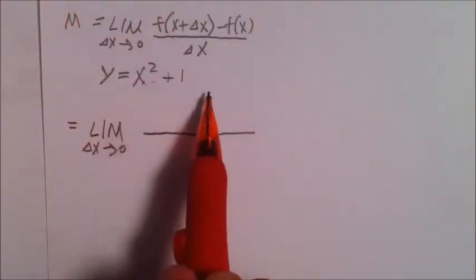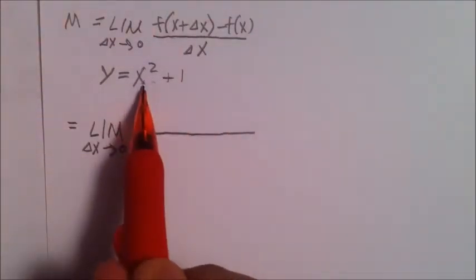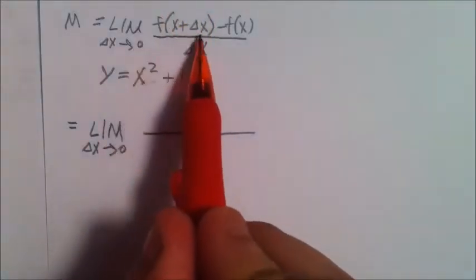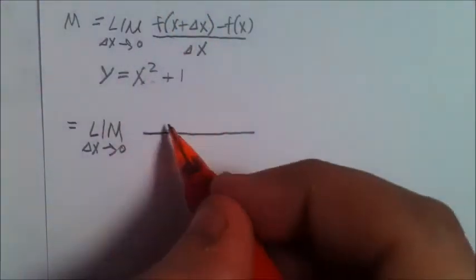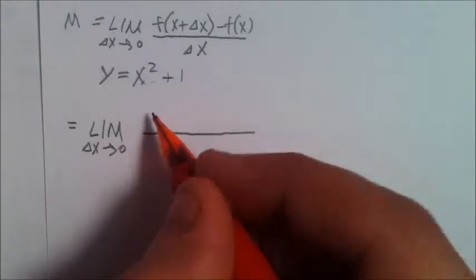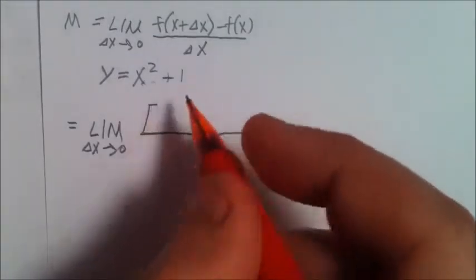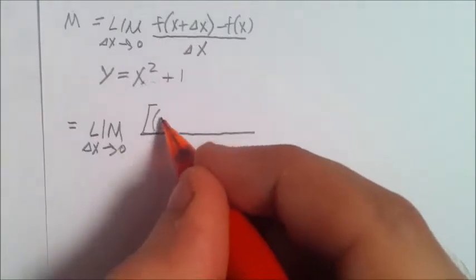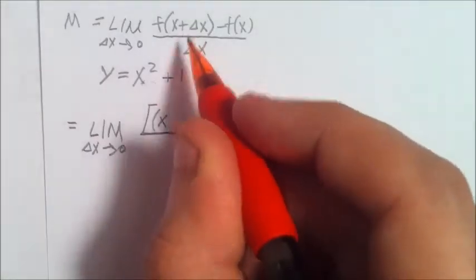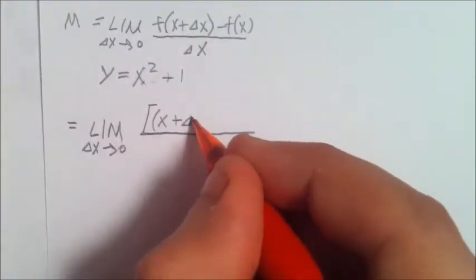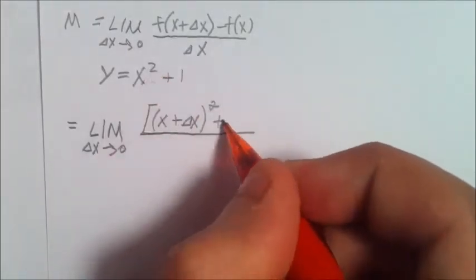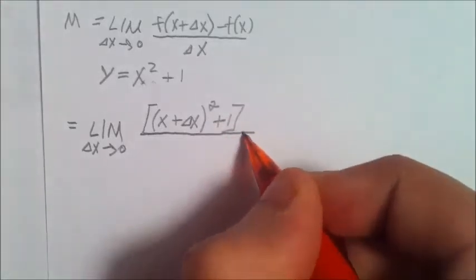So for every x in the equation, there's only one here, we would plug in whatever's inside the parentheses as such. So I would put in a bracket just so I can get more organized. I replace x with this, so x plus delta x, apply the square, and don't forget the 1.